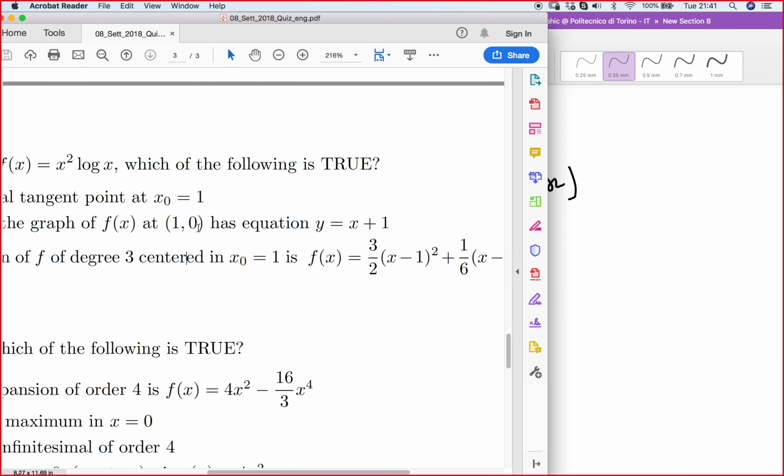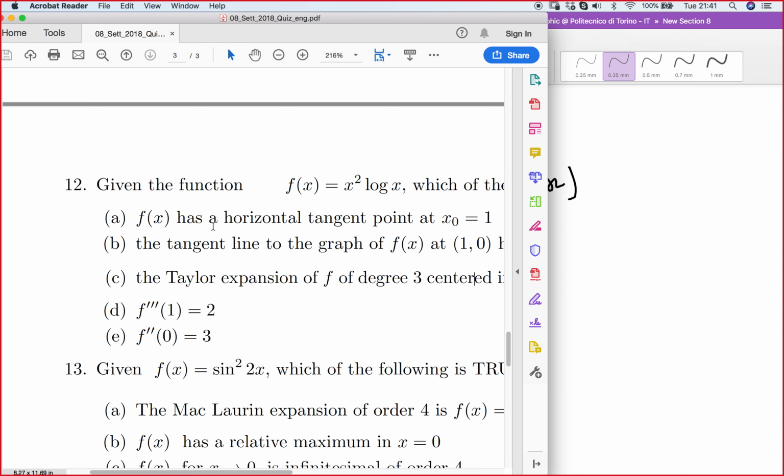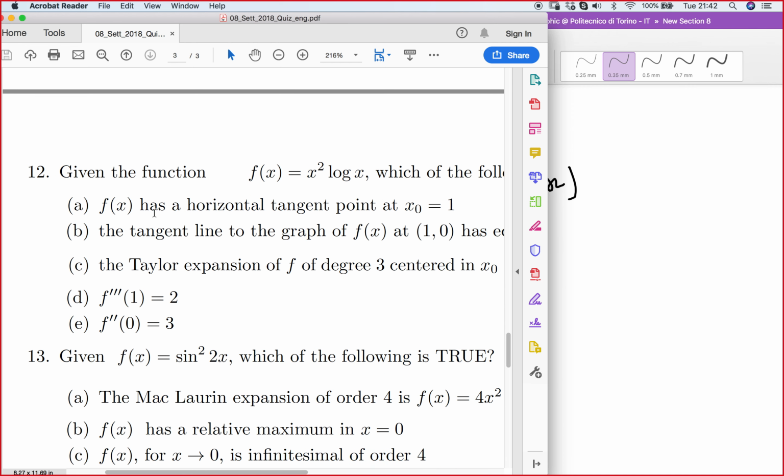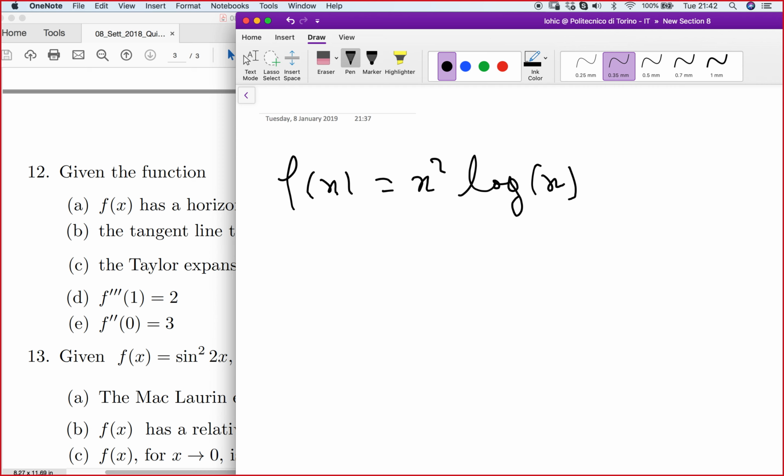The first statement is that f of x has a horizontal tangent point at x0 equal to 1. I remind you that a horizontal tangent point is a point where the derivative is equal to 0.